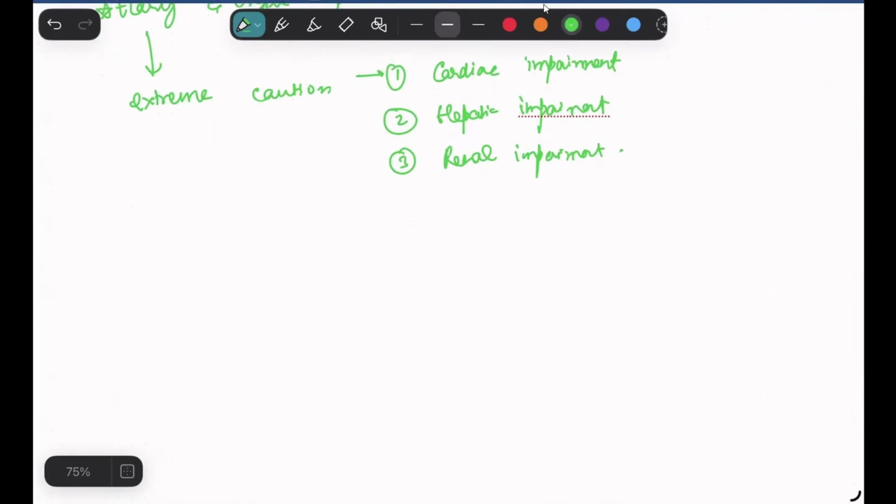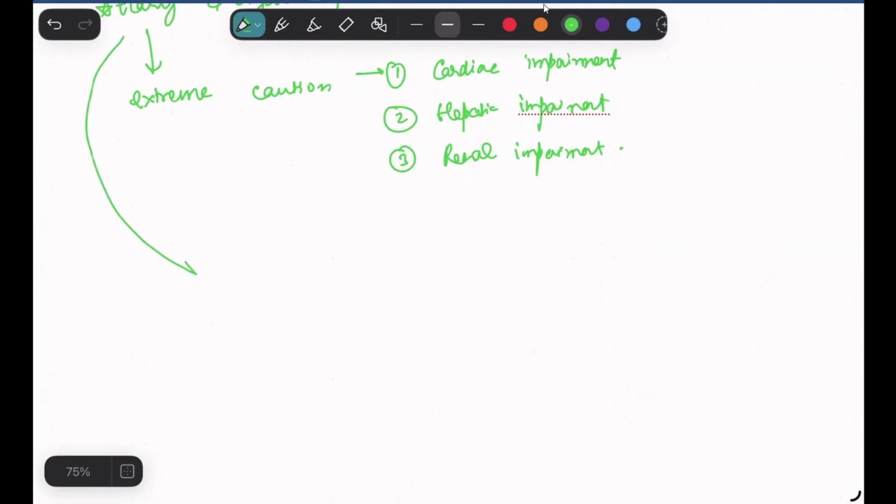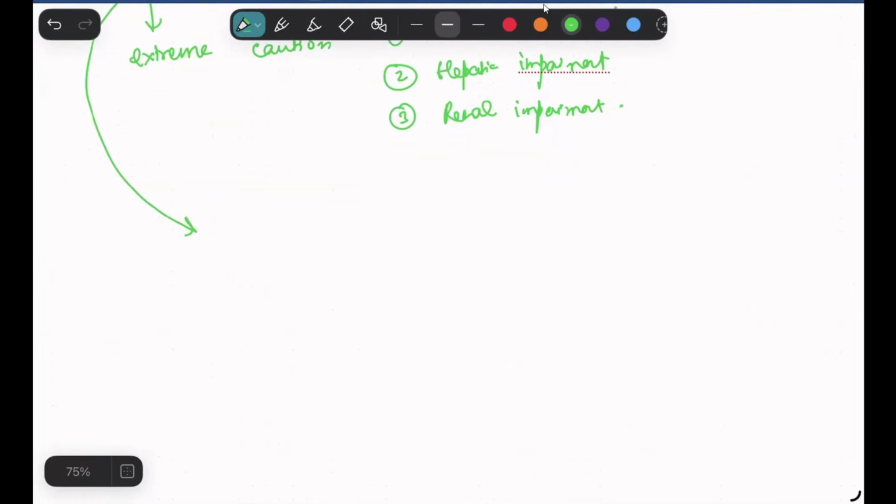Why should the elderly patient require extra caution? Can anyone tell? Because elderly patients are more sensitive to anticholinergic delirium.